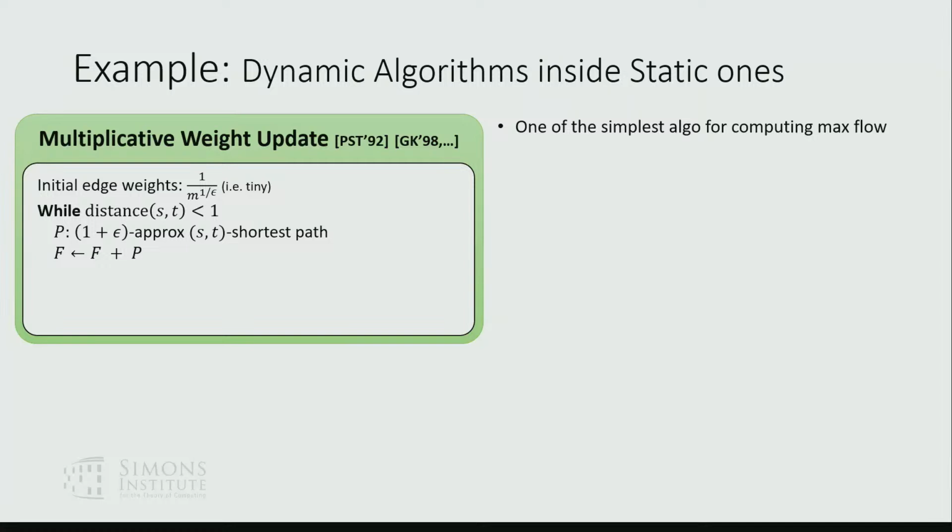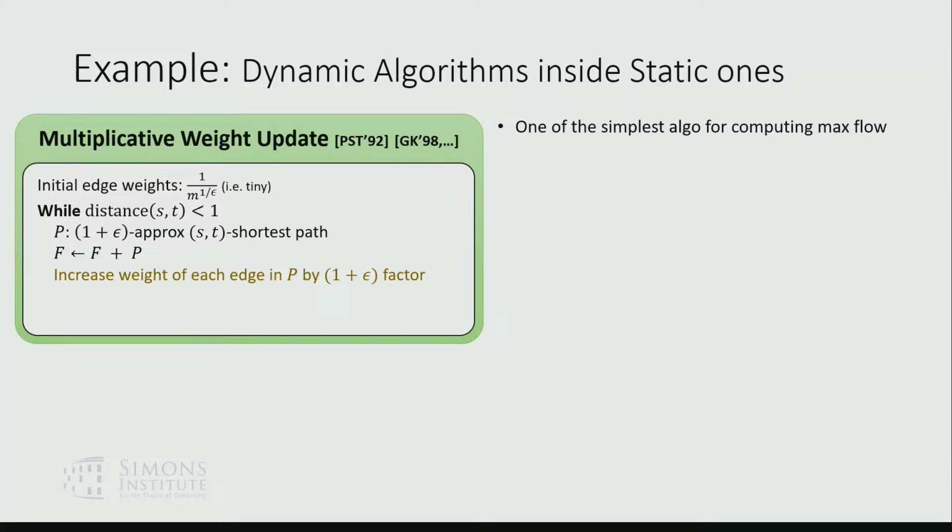When you have the shortest path P, you add this path into your flow. You can think of a flow as a collection of paths, right? So add this path into your flow, and then increase the weight of every edge on the path by a factor of 1 plus epsilon. And repeat.